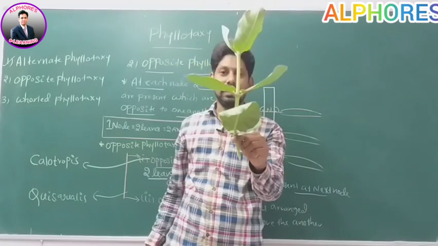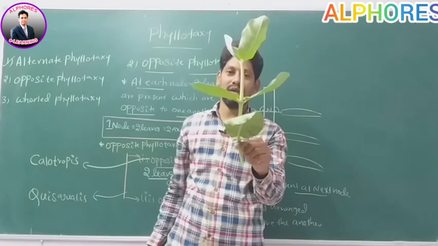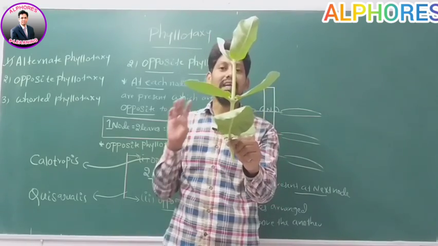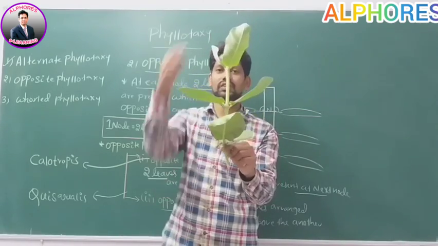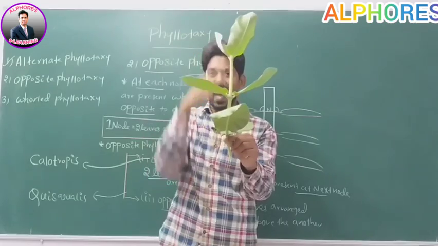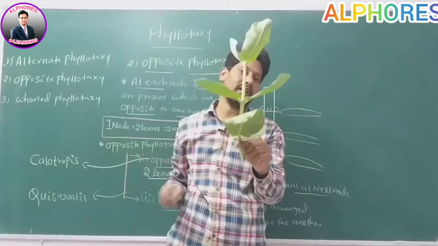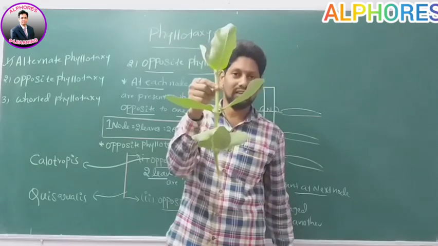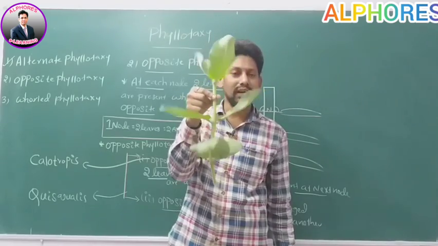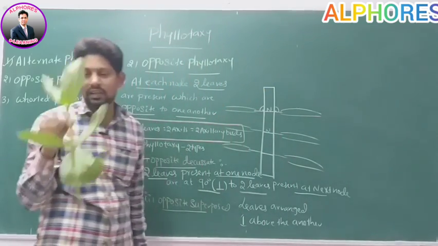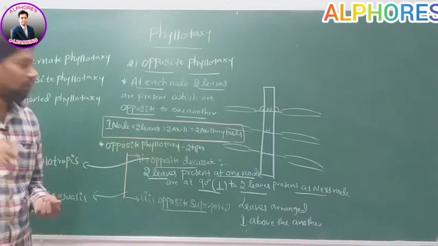Therefore, how many vertical rows are present in Calotropis plants? 4. Therefore, leaves are arranged in 4 vertical rows. Front one vertical row, back one vertical row, right side one vertical row, left side one vertical row. This plant you can see outside also. You can check it. No problem. Therefore, leaves are arranged in how many vertical rows here? 4 vertical rows.